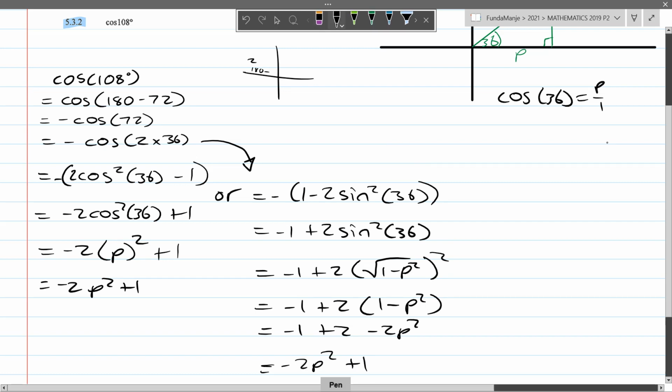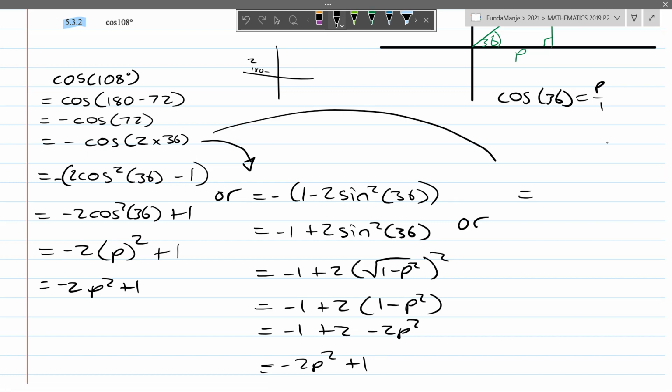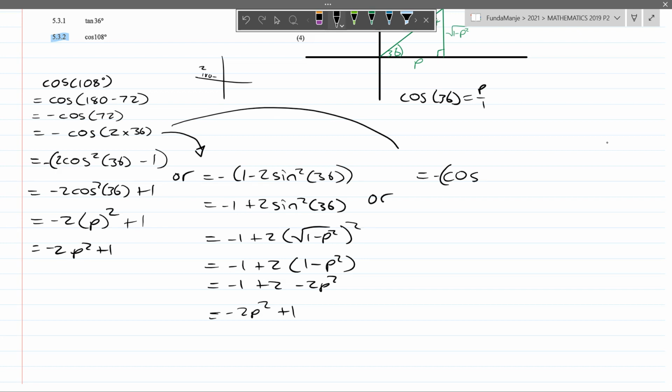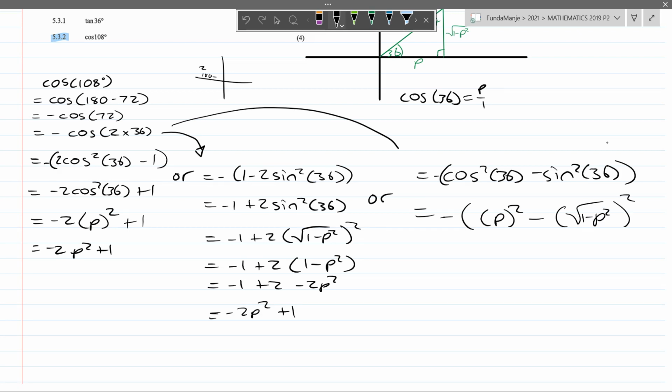The other trig formula that you can use, besides this, you also have the option of using the one that says this will be cos squared 36 minus sine squared 36. And again, making your substitutions of cos 36 as p, square that, minus, this is root of 1 minus p squared, square that.